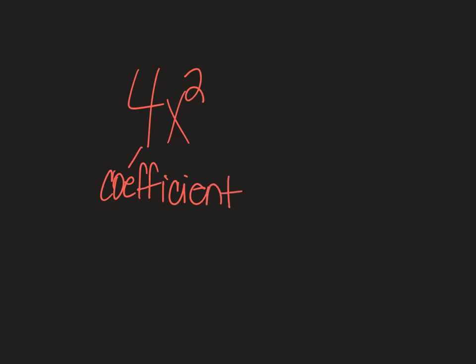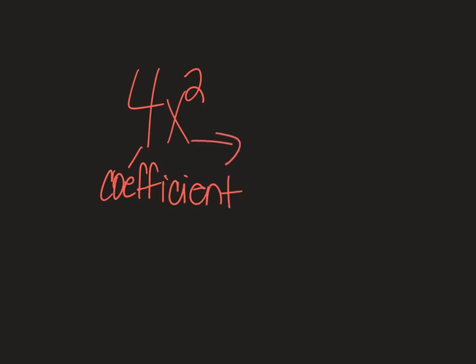So, if you have 4x squared, this is your what? We just talked about that. What's the number in front of your variable? Coefficient. You will need to know these. These types of things you'll be quizzed on at some point in time. That is your coefficient. Okay, what is x?